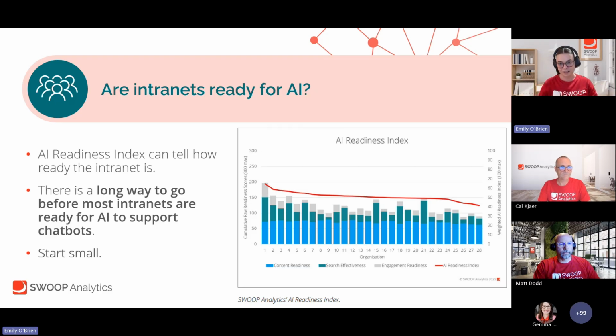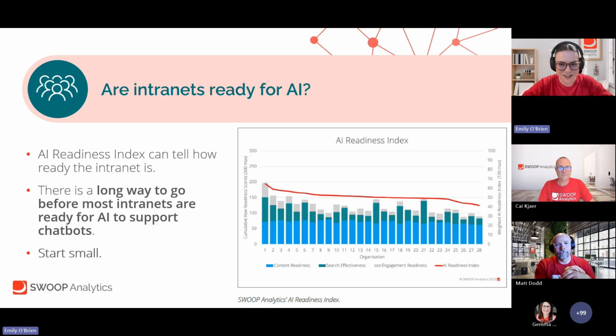What we found in the benchmarking study is that the average weighted AI readiness index across the organisations we measured was 51.1 out of 100. We'd suggest a score above 54 would place you within the top 20% of performers on this index.